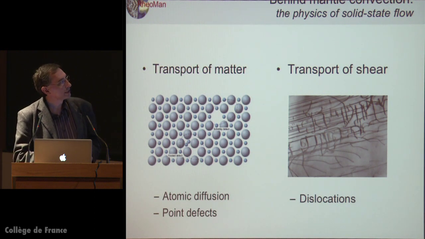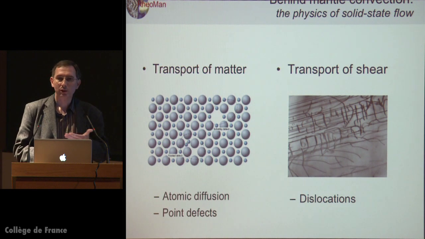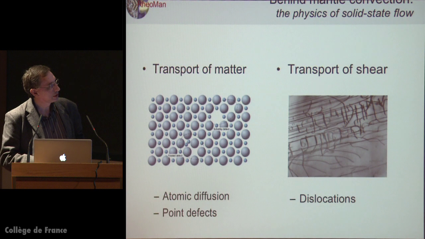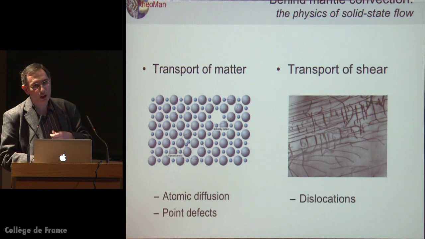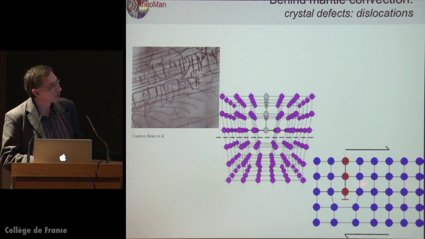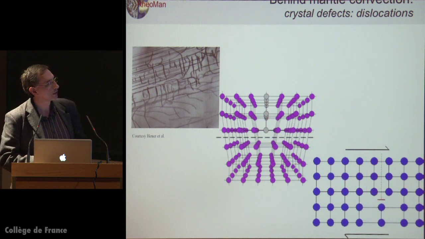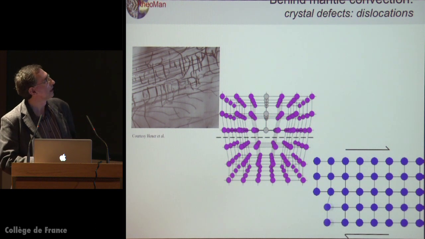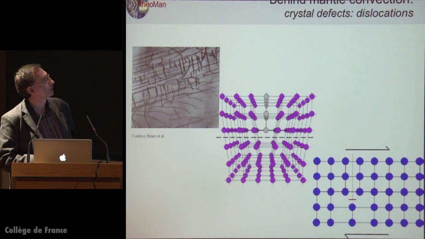And the other possibility is just to shear the crystal and to transport plastic shear. And for that, you need another kind of defects, which are named dislocations, which are linear defects. So this is basically how it works. You progressively shear your crystal by propagating this line that you can see edge on here, and you can see all those lines here in the crystal.